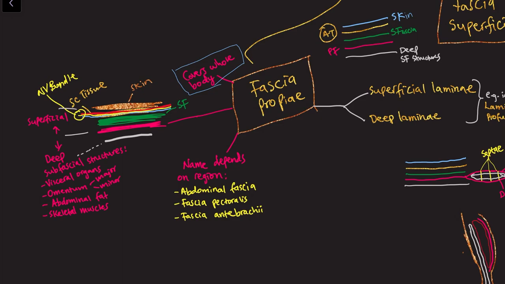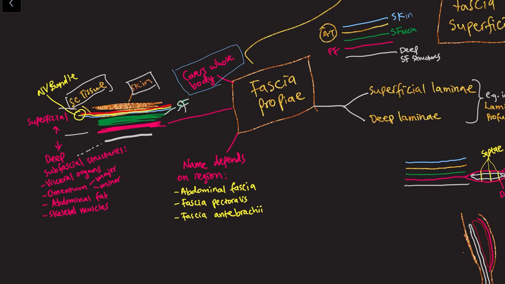Now look at this. The superficial fascia, as we said before, you have the skin first, followed by the subcutaneous tissue, right? And then that's followed by the superficial fascia right there. Now, then you have the neurovascular bundles within the subcutaneous tissue.